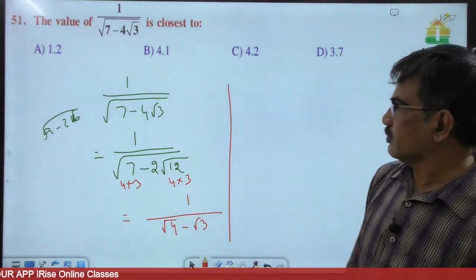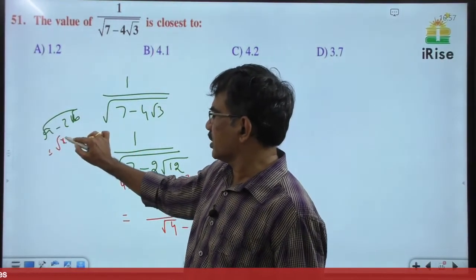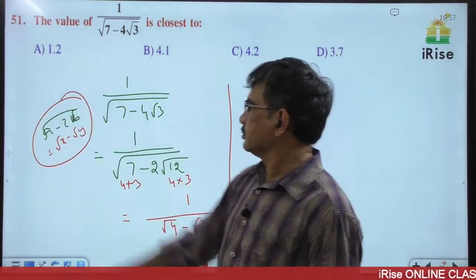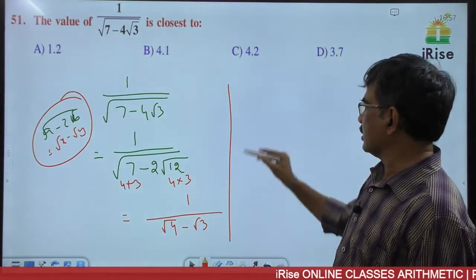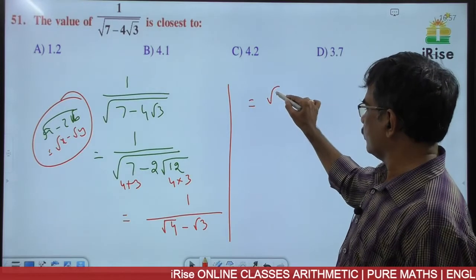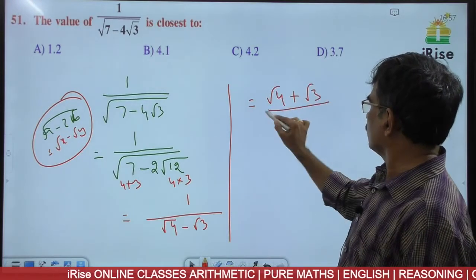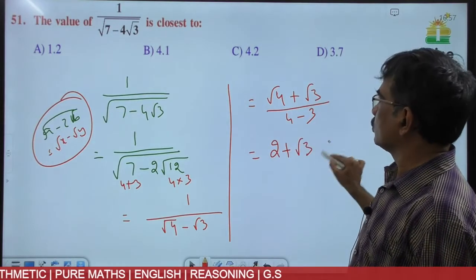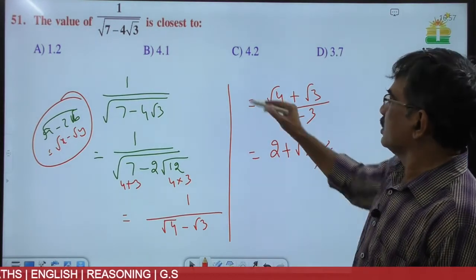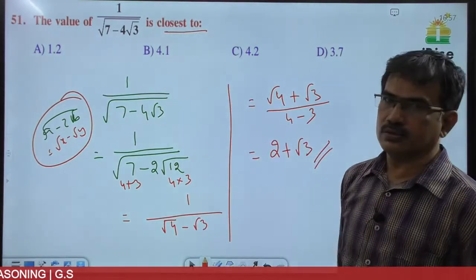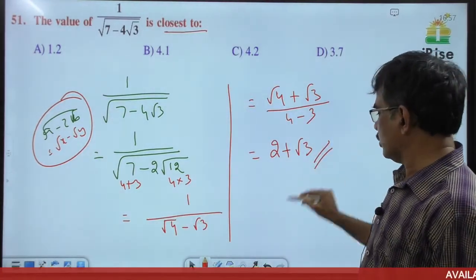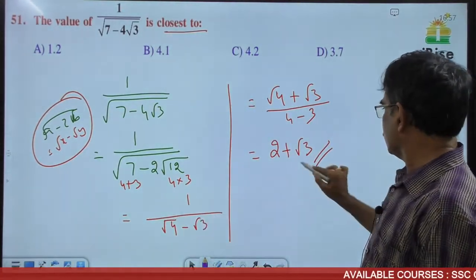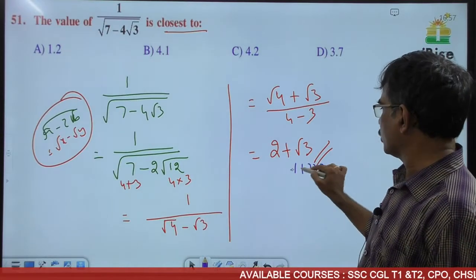Okay. For this the answer is root x minus root y. Rationalize this, then we get (root 4 plus root 3) by (4 minus 3). So the answer is 2 plus root 3. This is close to, root 3 value is 1.732 plus 2.